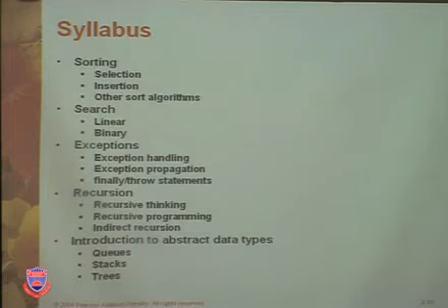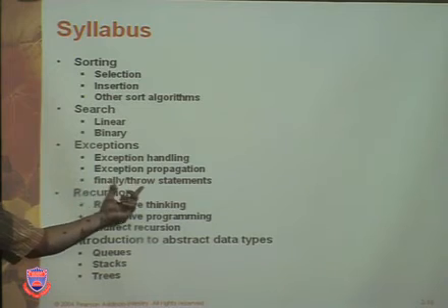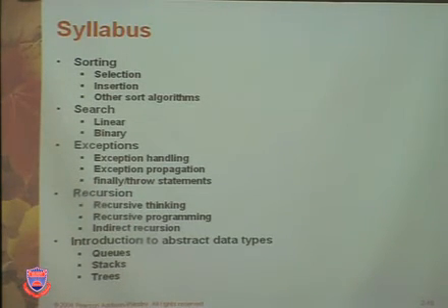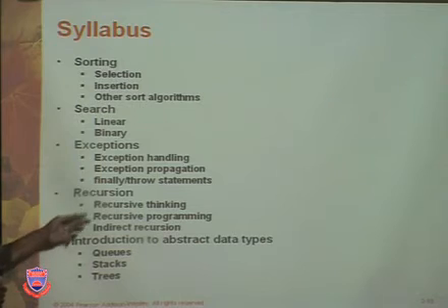For example, if you divide by 0 and you would like to catch that as an exception, then you can do that. Instead of giving the program an error, you would like it to catch this exception and behave accordingly. We will see how this is done, and this is usually done using the finally and throw statements in Java. You will see the details of that as we go in the class.